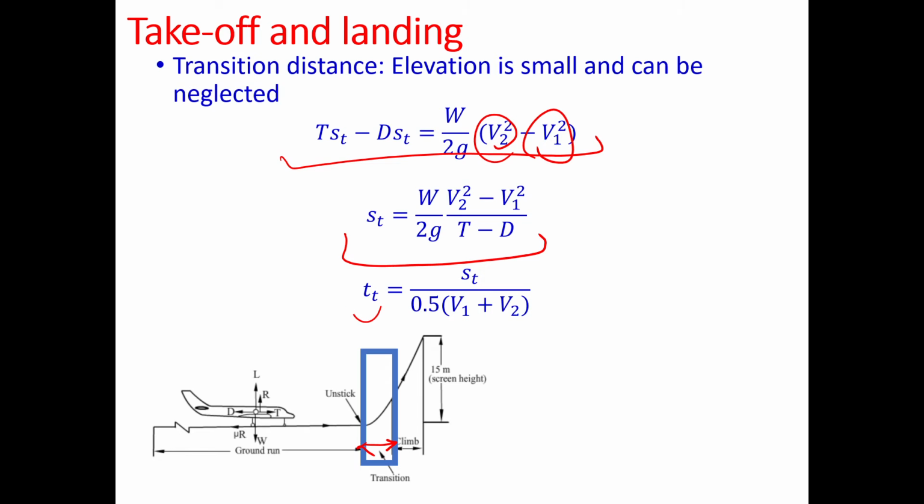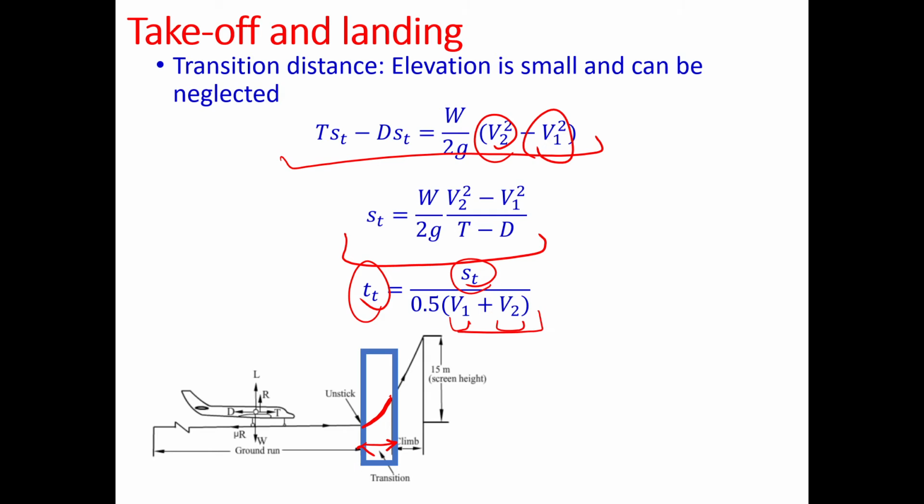And the time of transition is going to be this distance over half of v1 plus v2. So essentially what we do here to calculate the time is that since v1 and v2 are pretty close to each other, we are going to assume that the speed is uniform here.